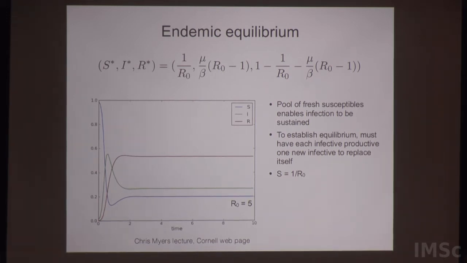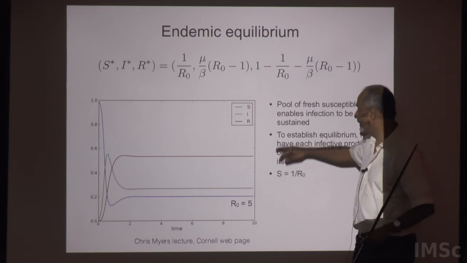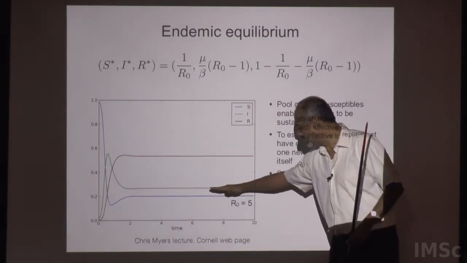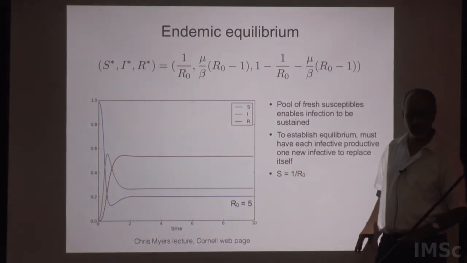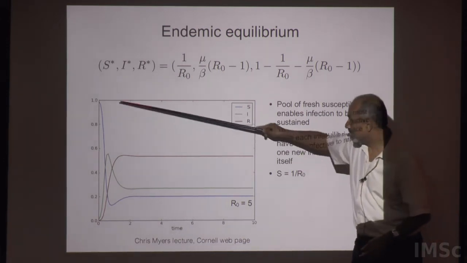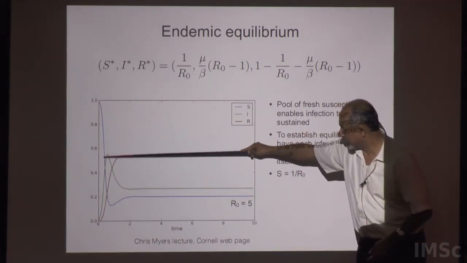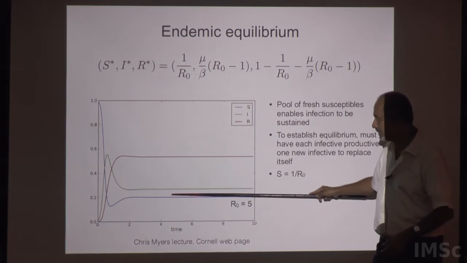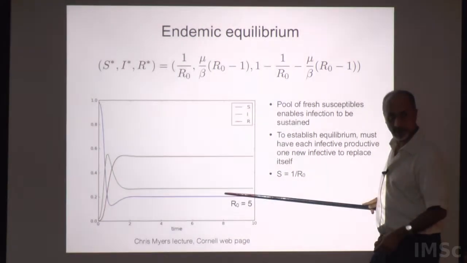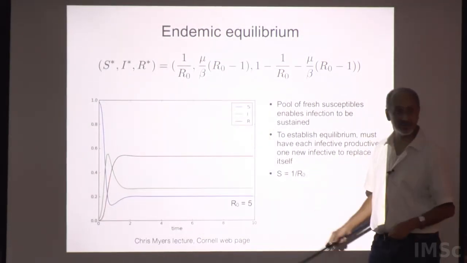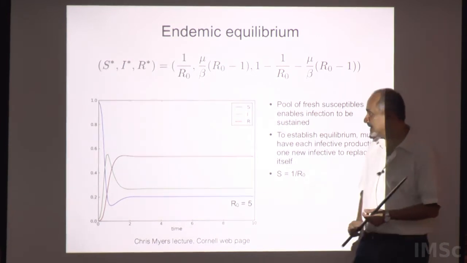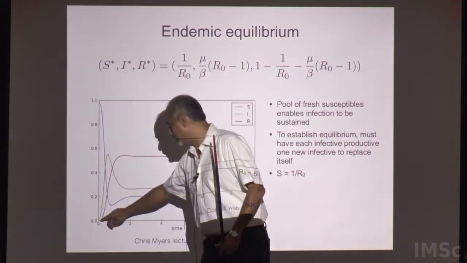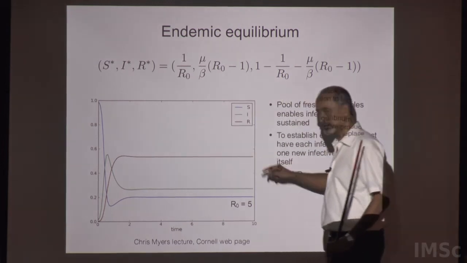But once I allow for demography, once I allow people to be born and to die, notice that the I term here is now saturated at a fixed value. Look at what the S term did here. It fell down at a little dip and then did this. We will come back to this little dip and increase a little bit later. And the R went up and also saturated here.